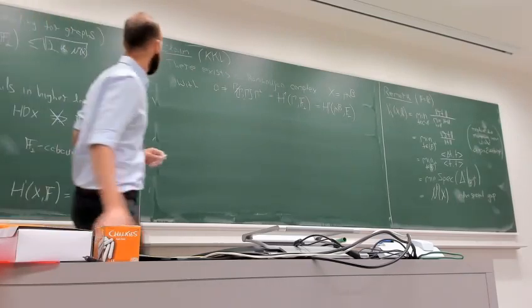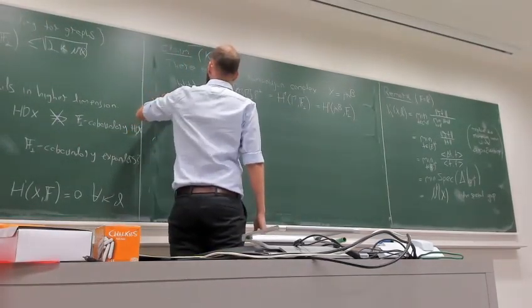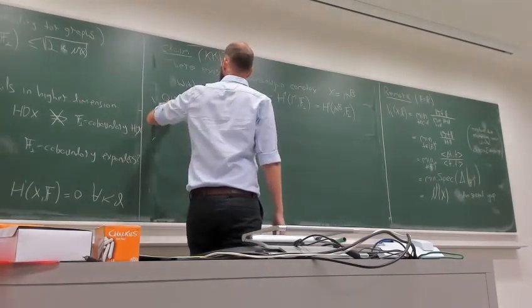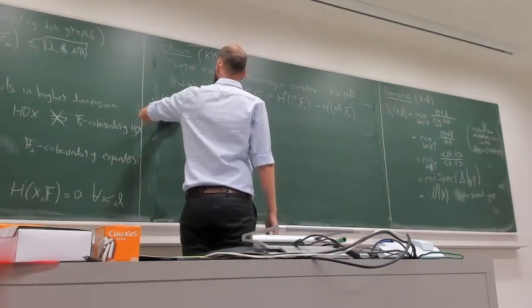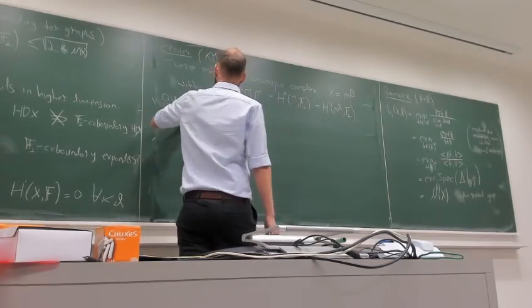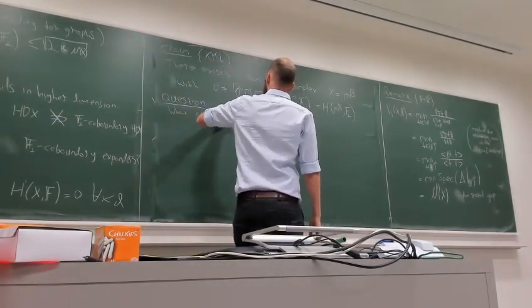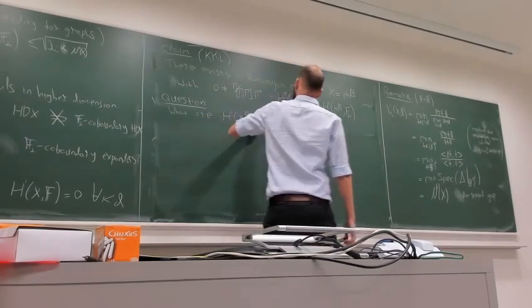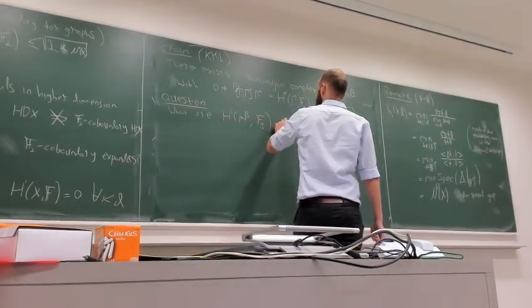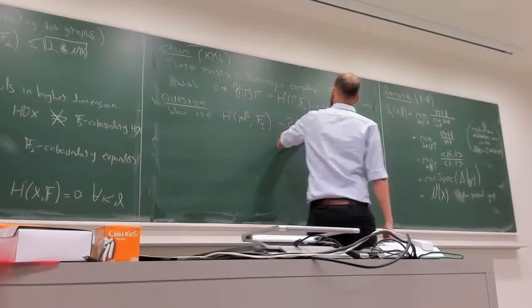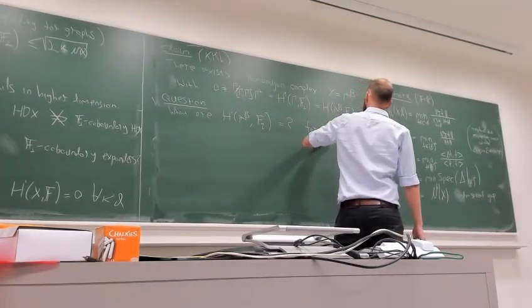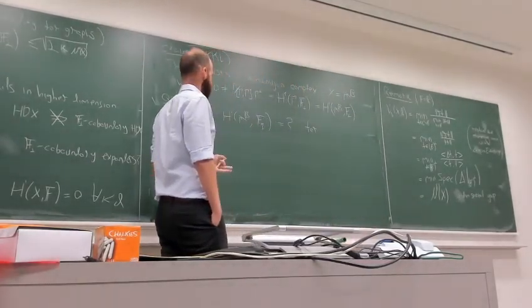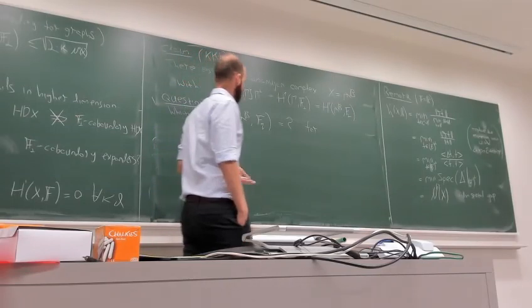So I should say, here's a question I find very interesting. What's the torsion cohomology of quotients of Bruhat-Tits buildings?